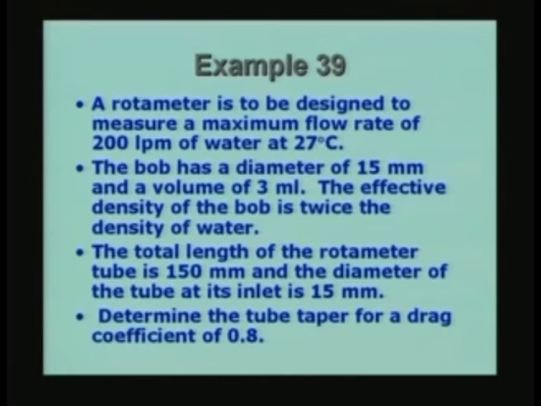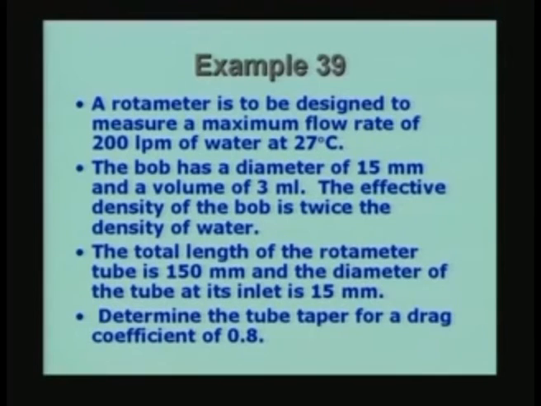That will be the maximum level possible in this particular case. The diameter of the tube at inlet is also equal to 15 mm. So, the bulb will be just sitting, closing the opening at the bottom, and as soon as you start the flow, it will float up and take a position which corresponds to the volumetric flow rate we are measuring.